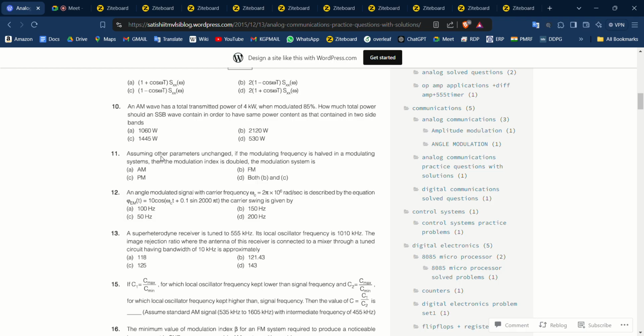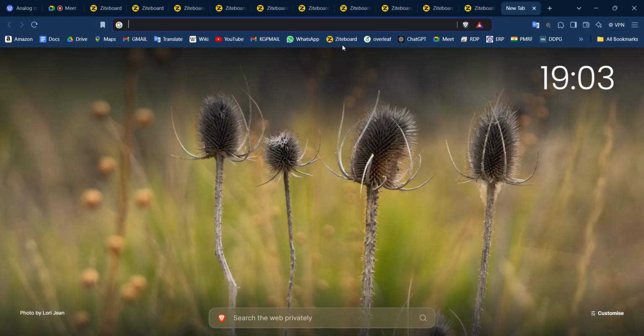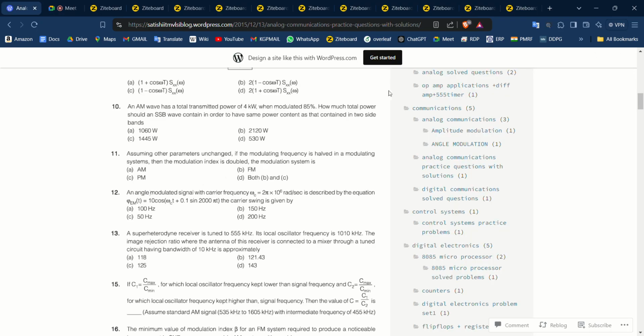The carrier swing is given as delta F. So, in this question, 10 cos omega ct plus 0.1 sine 2000 pi t.